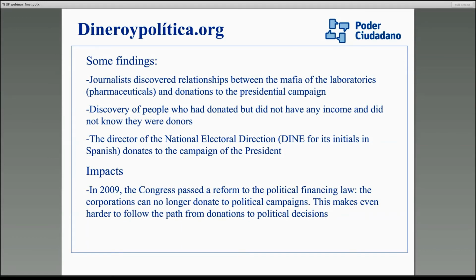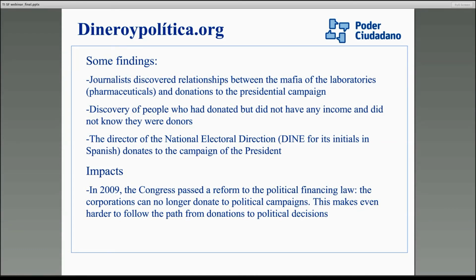And we have had some surprises with that tool, because many people who hadn't donated to any political party found themselves there. And we even discovered some people who didn't have incomes to donate, whose names were being used as donors for political campaigns.